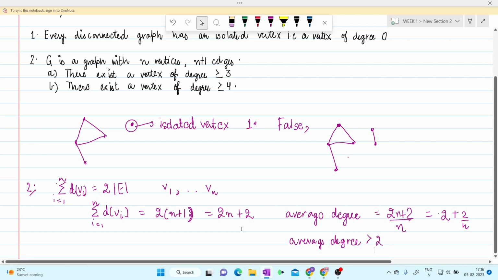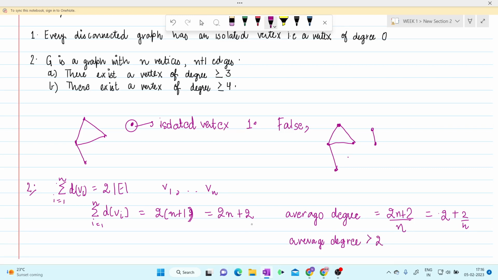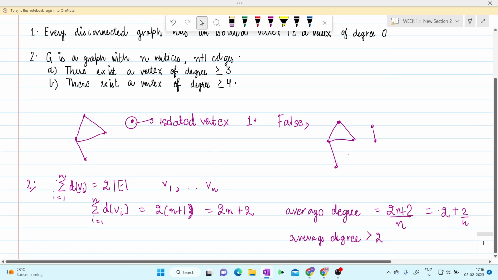So now can you tell me, do you think that every graph with n vertices and n plus 1 edges should have at least one vertex of degree 3?